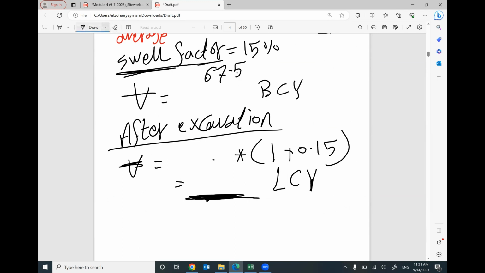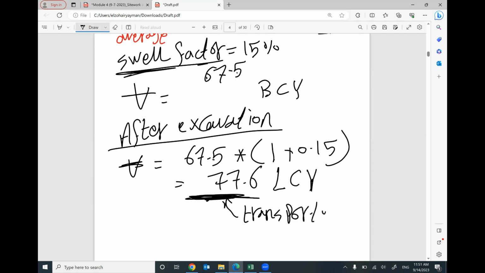So this number will be 67.5 times 1.15. I got 77.6. This is the volume of excavated soil in the loose condition. This is the volume that needs to be transported by trucks.